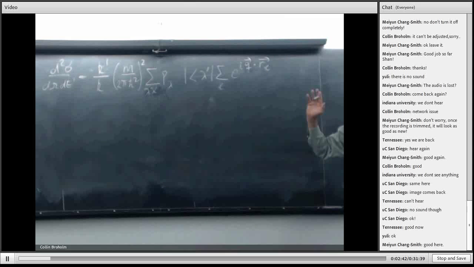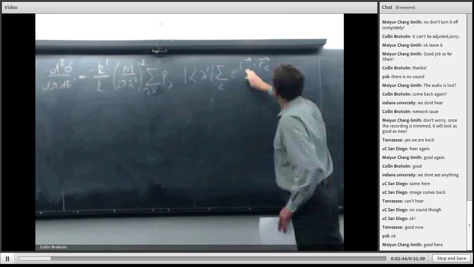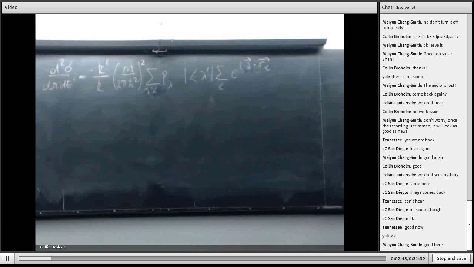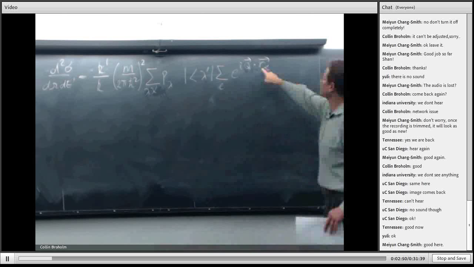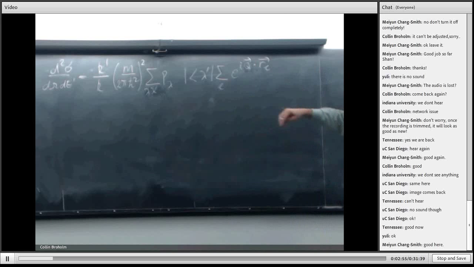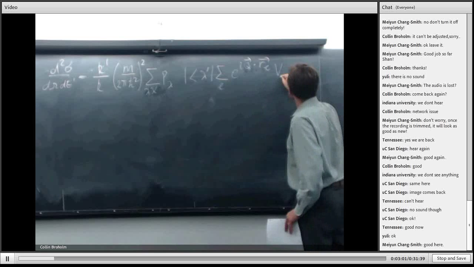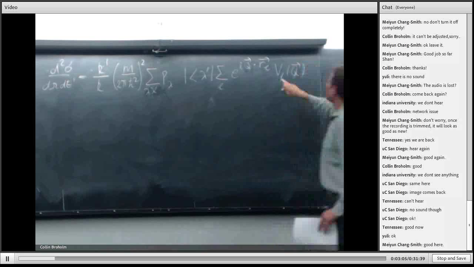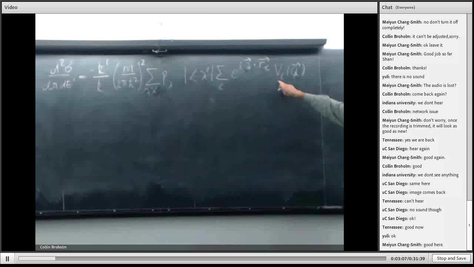This will be, I should probably use a capital Q. That's the momentum transfer, k minus k prime, and this is the position of the scattering potential in a unit cell that we've labeled by R_L. And then also showing up will be the Fourier transform of the individual interaction potential.